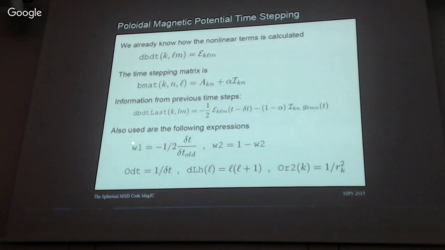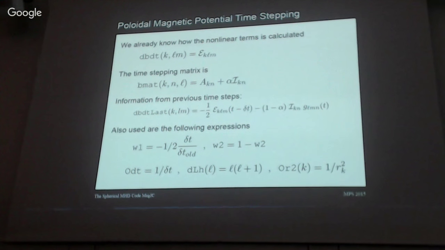Then we introduced a few variables. One ODT is a variable we pre-calculate, called O underscore dt here. This is 1 over delta t. Then this is the famous L times L plus 1, called DLH. And OR2 is also pre-calculated. This is 1 over R squared.